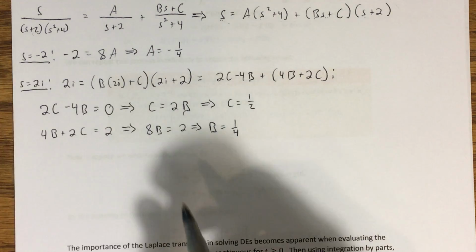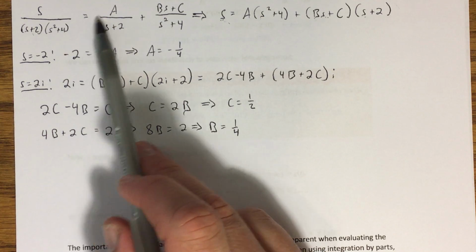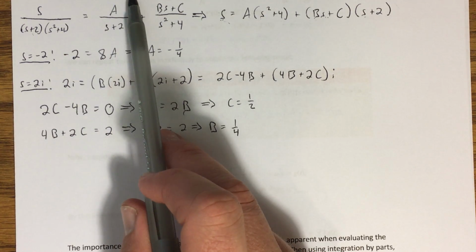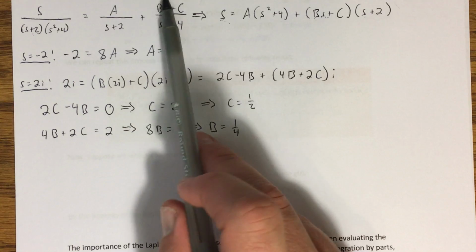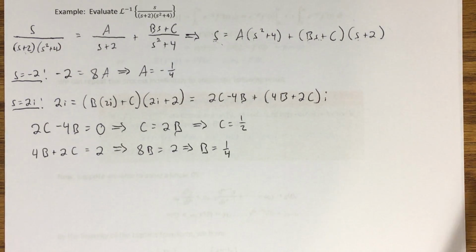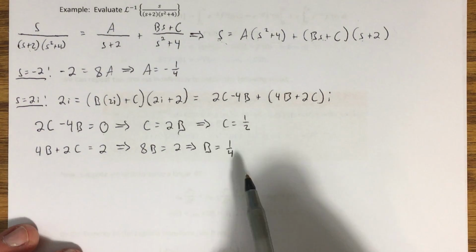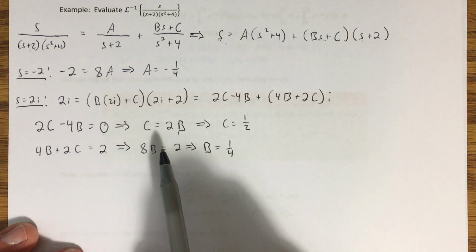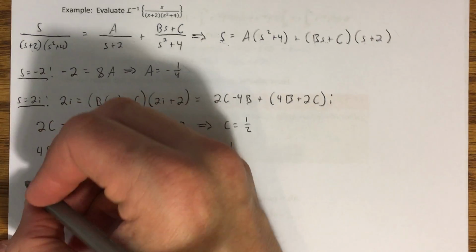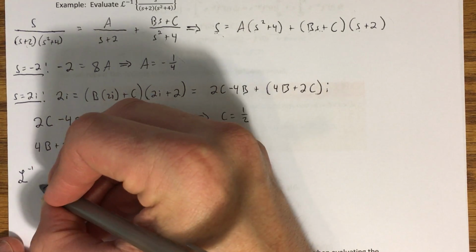Well, the point of this was to break this thing up using partial fractions so that I can evaluate the inverse Laplace transform. So plugging these things back up into my expression up here, I'm looking at finding the inverse Laplace transform of the following.